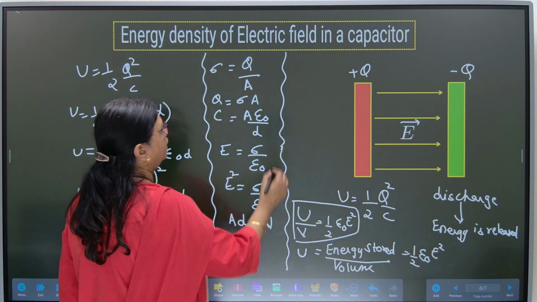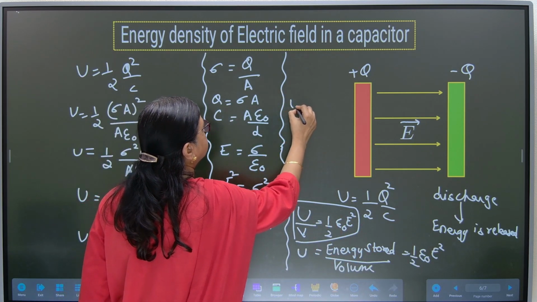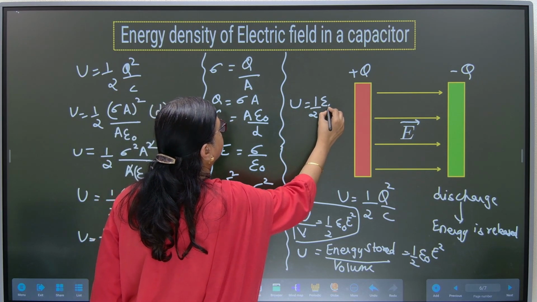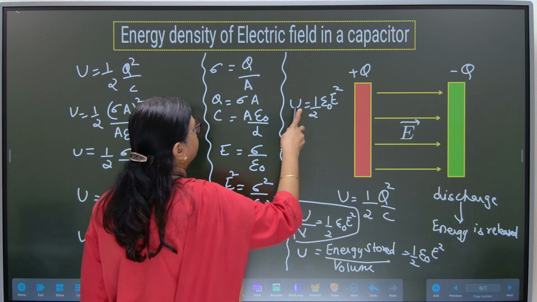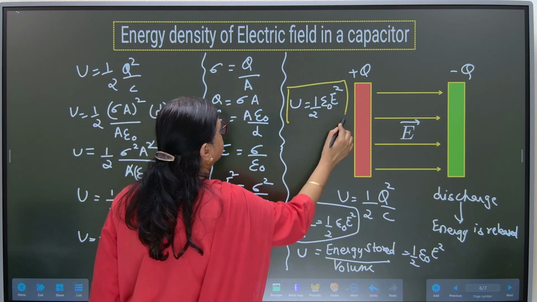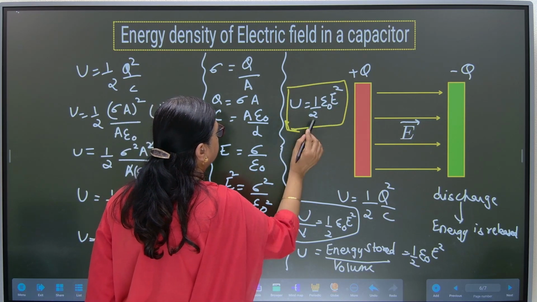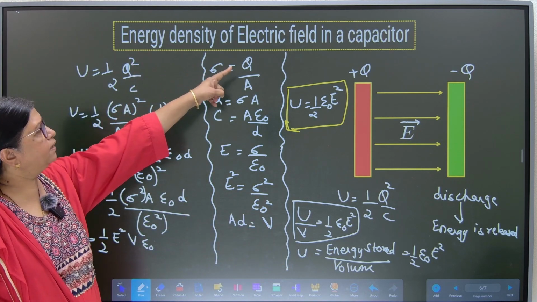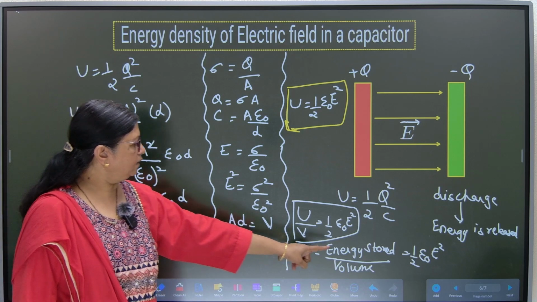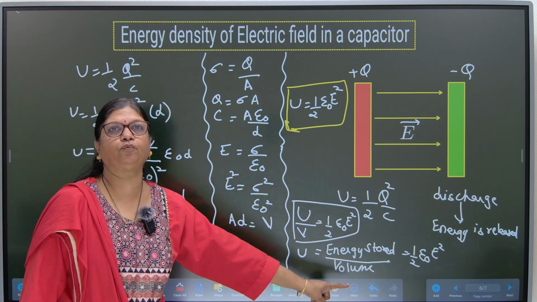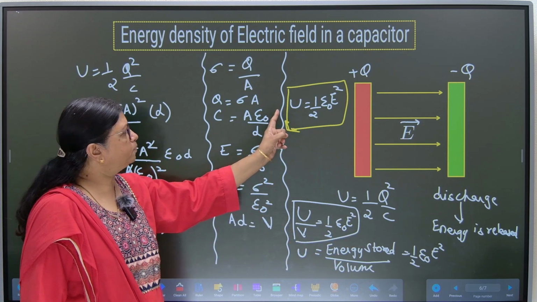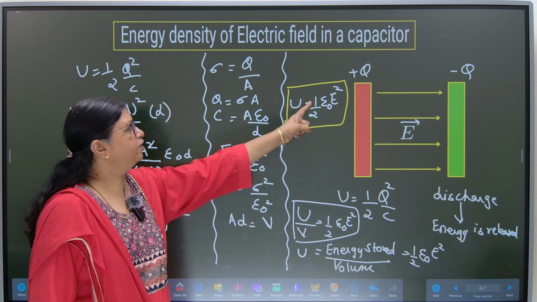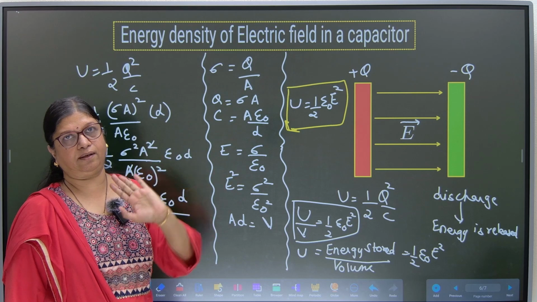So finally, we wanted energy density, small u, is equal to half epsilon naught E square, which we have found out just now, and I mentioned it here. Fine. So what is energy density of electric field in a capacitor? It is energy stored in the capacitor per unit volume, which is given as small u in alphabet is equal to half epsilon naught E square.